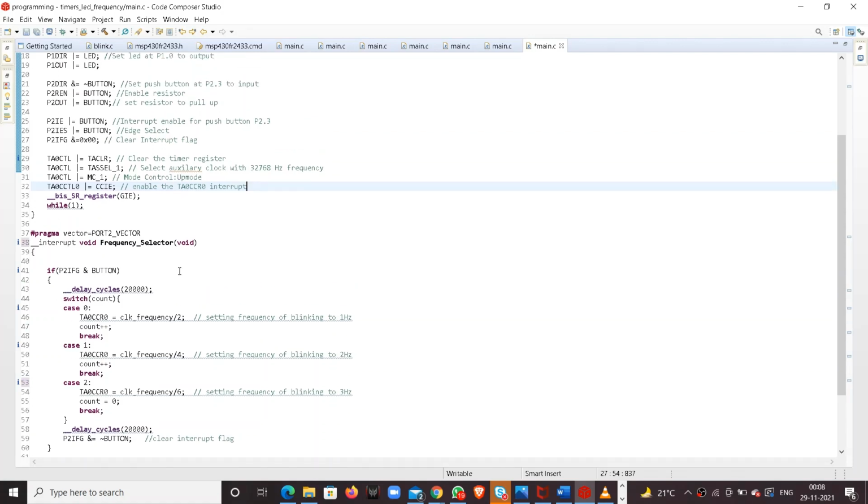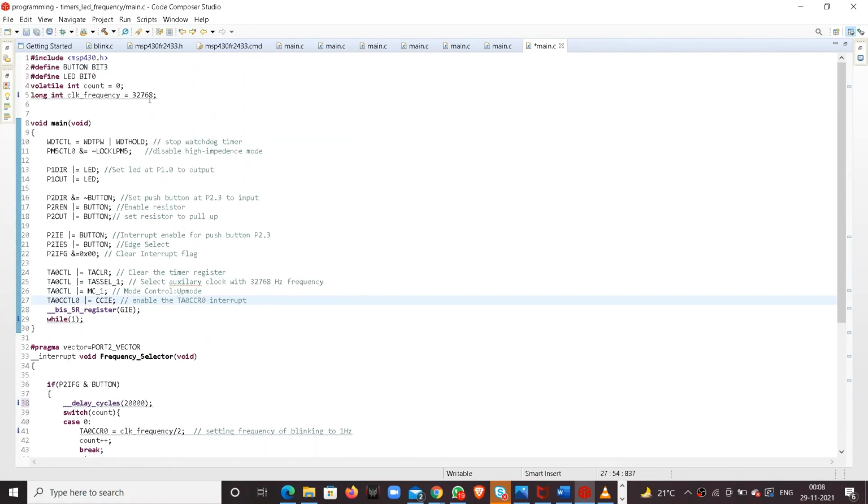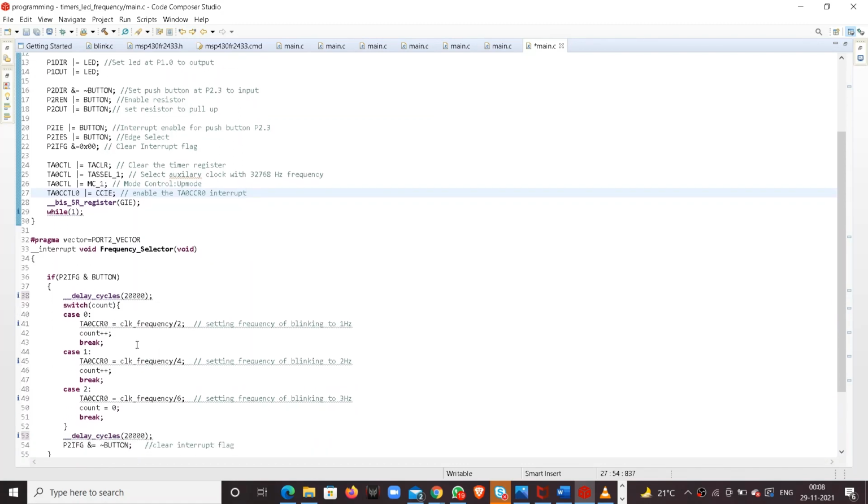We have previously seen that the clock frequency is 32768 Hz. If we set TACCR0 to clock frequency by 2, the LED will blink once every 1 second, so the frequency will be 1 Hz.